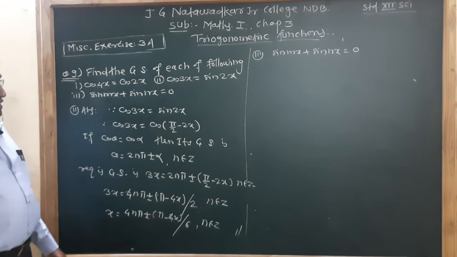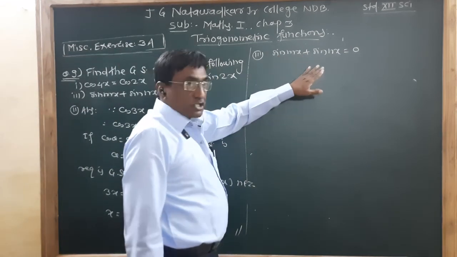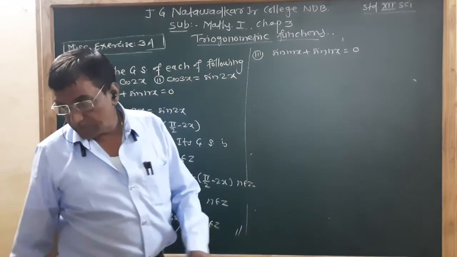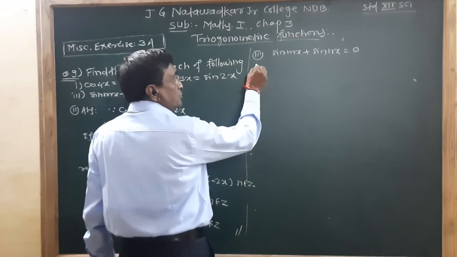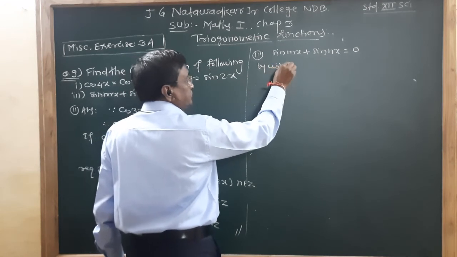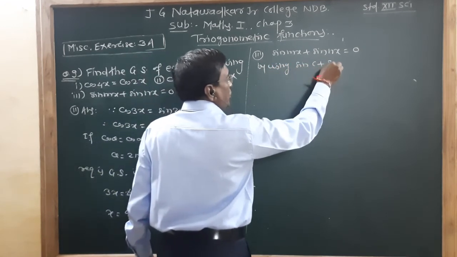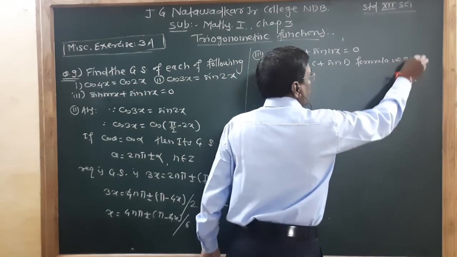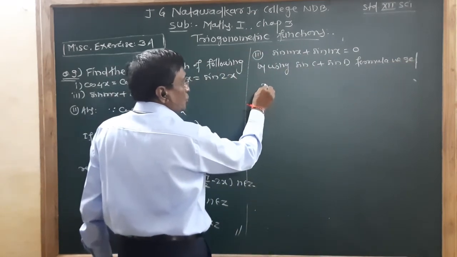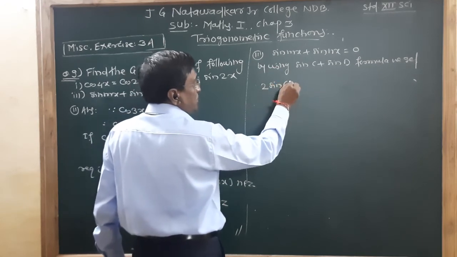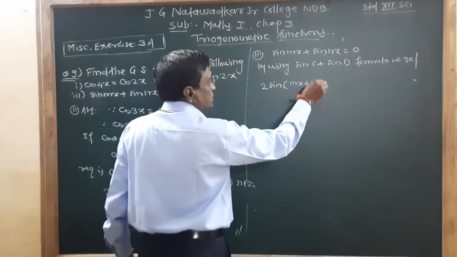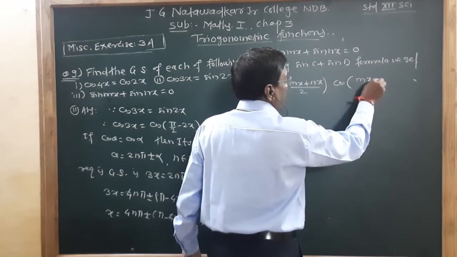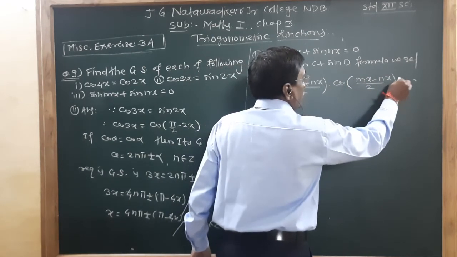See that here both ratios are the same, sin and sin, so you can apply the formula for simplification, sin C plus sin D. Using the sin C plus sin D formula, we get 2 sin of (mx plus nx) upon 2 into cos of (mx minus nx) upon 2 equal to 0.